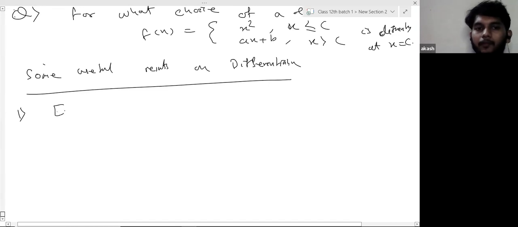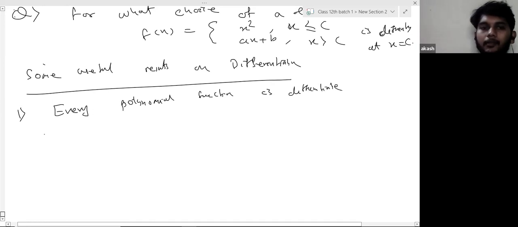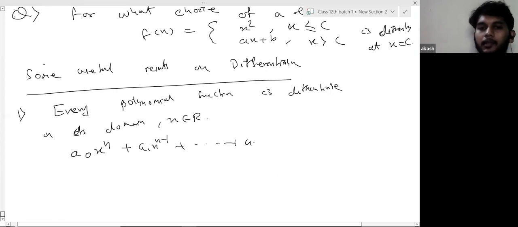Every polynomial function is differentiable in its domain, x belongs to R. I hope you know what a polynomial function is: a naught x to the n plus a1 x to the n minus 1 and so on, up to an x to the power 0.